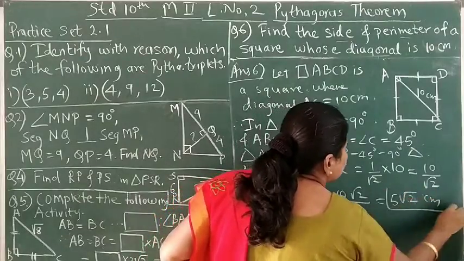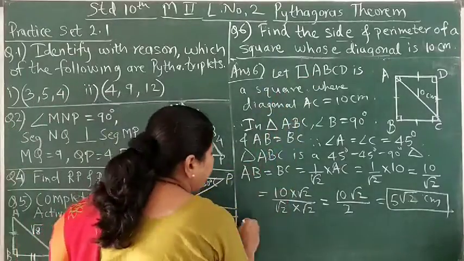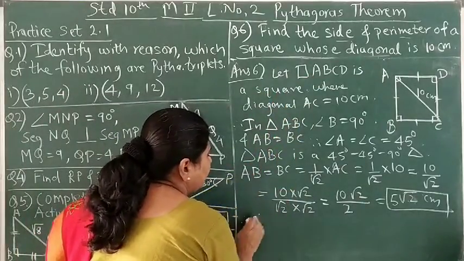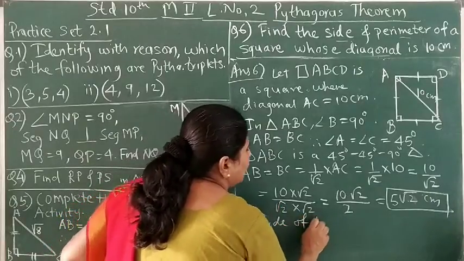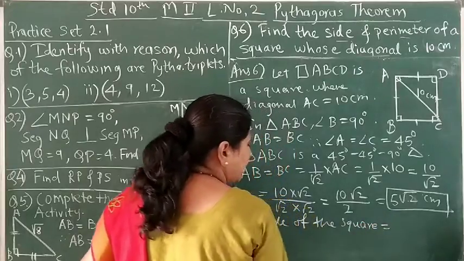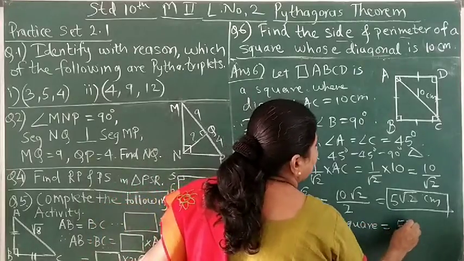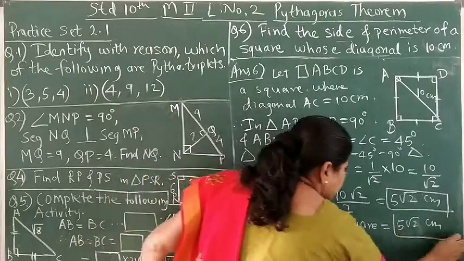5 root 2 centimeter. So this is the length of any side of the square, and as you want the perimeter, let's write here: side of the square ABCD is 5 times root 2 centimeter. And this is the first answer.